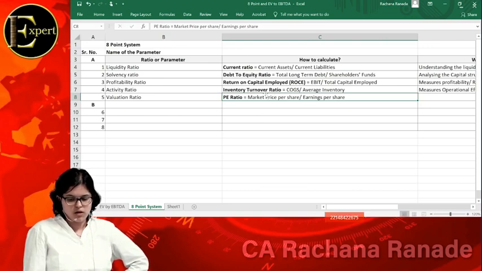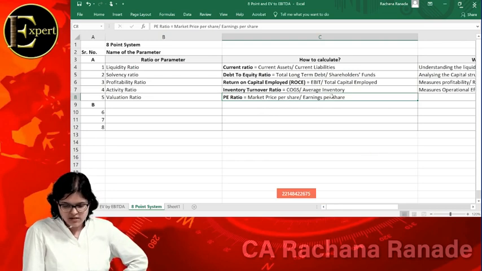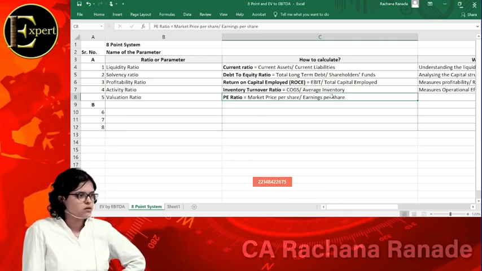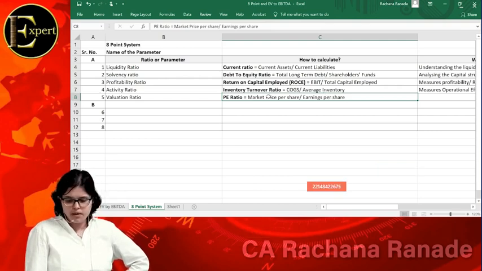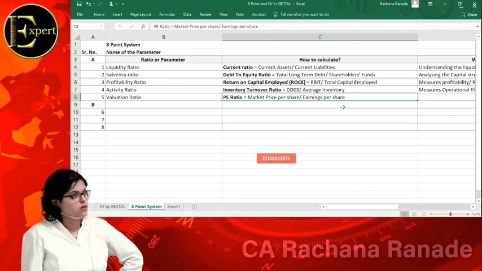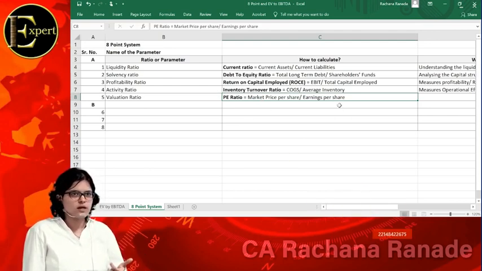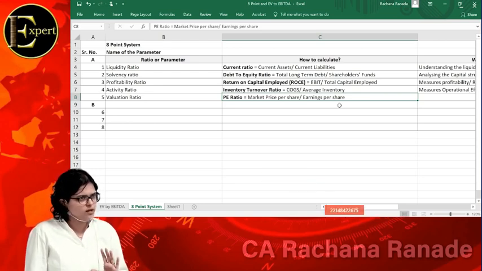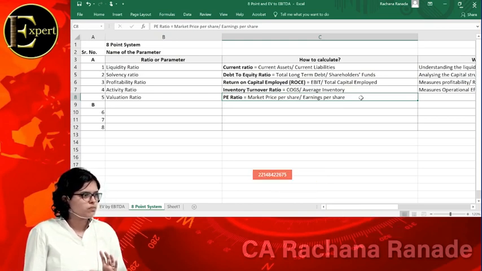No, wait. Market price per share, the numerator, is going to remain common and the divisor will change. We have written the formula: market price to earning per share, and for price to book value, market price per share divided by book value per share, correct? We have written only one formula there: book value per share is equal to total book value divided by total number of shares.